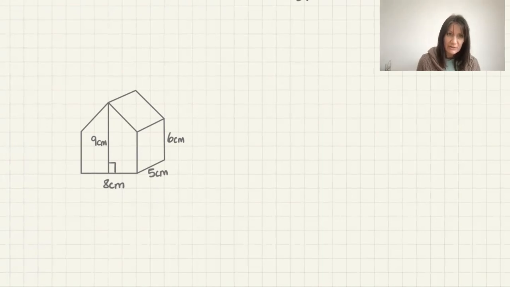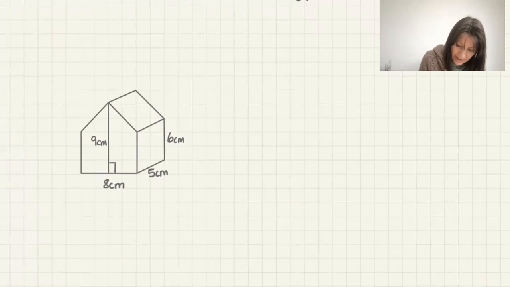Okay, now I could mess around with splitting this into rectangle and triangle, but because I can recognize that trapezium and the symmetry means that it's two identical trapeziums, I'm going to use my trapezium rule. So I've got, let's pop that there.